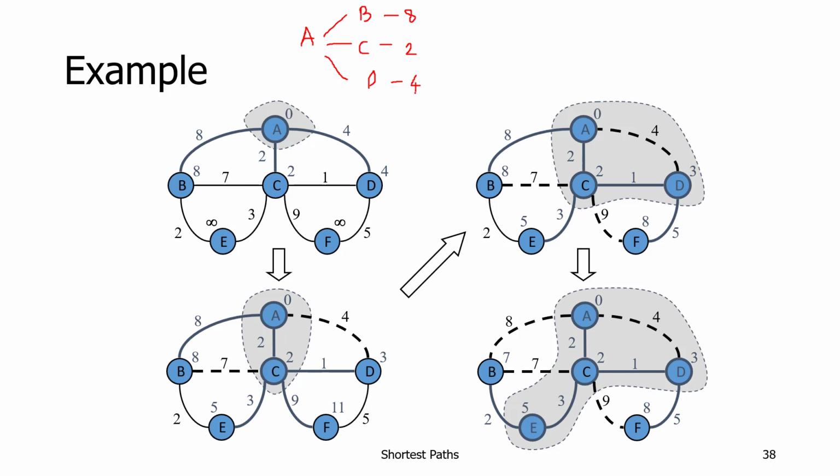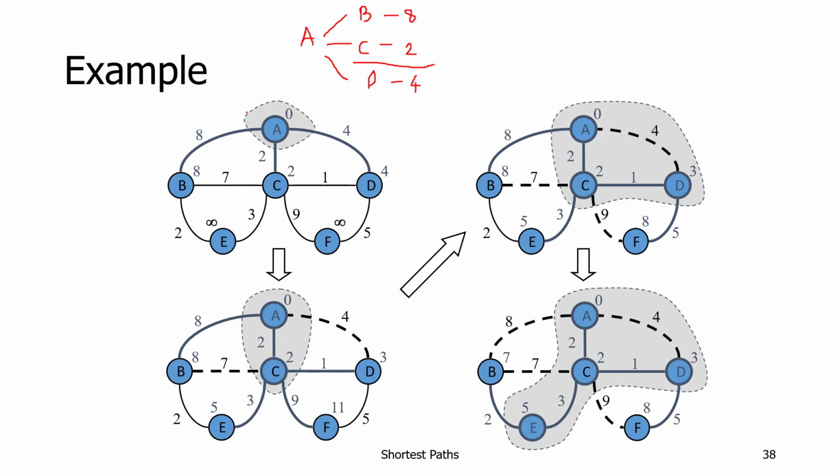Then which possibility will I take in this case? I will go with C, the 2, because that's the minimum possible distance I have. So in the next phase, you can see this arrow, I'm going to add C to my cloud.